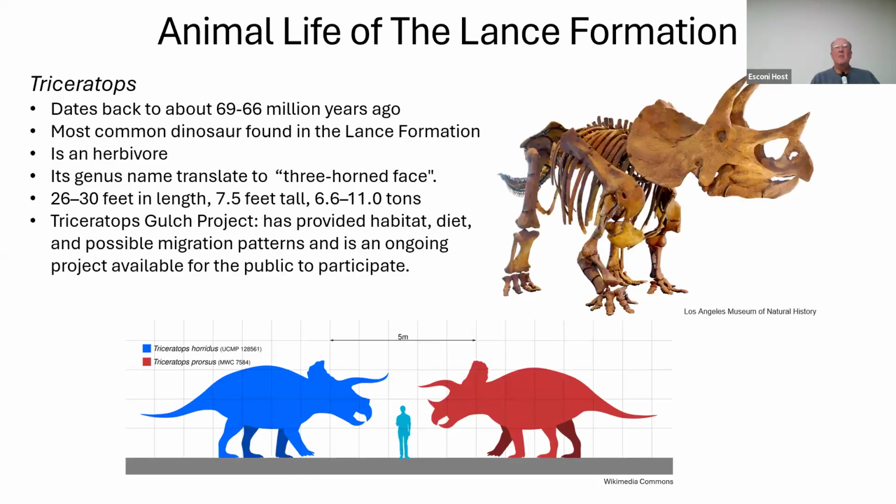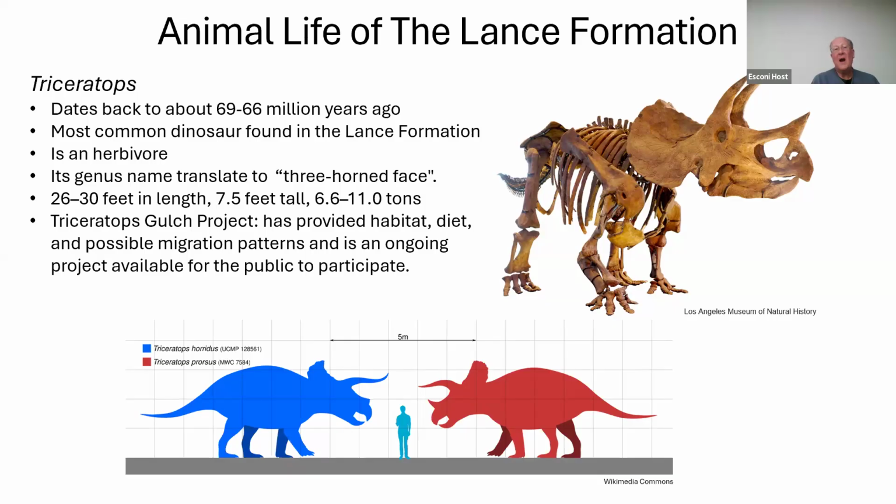One of the most common fossils you can find in the Lance Formation is Triceratops. There are two general species. There's more than just the main two, but these are the most found in the Lance Formation: horridus and prorsus, if I'm saying that correctly. I don't speak Latin. They date back between 69 and 66 million years ago.